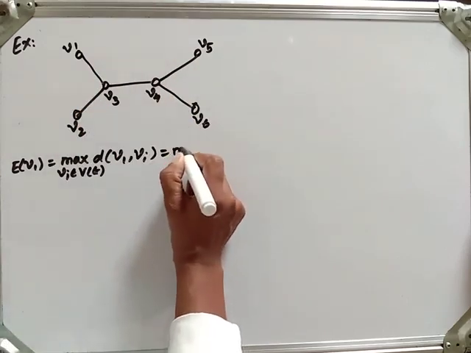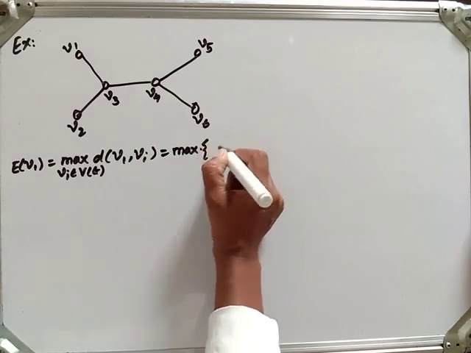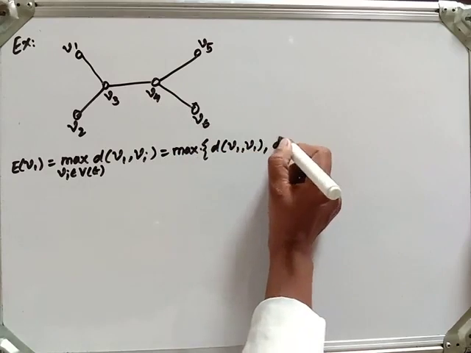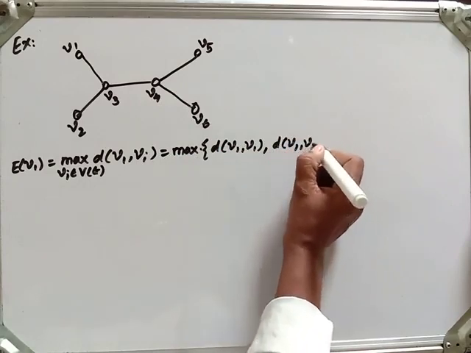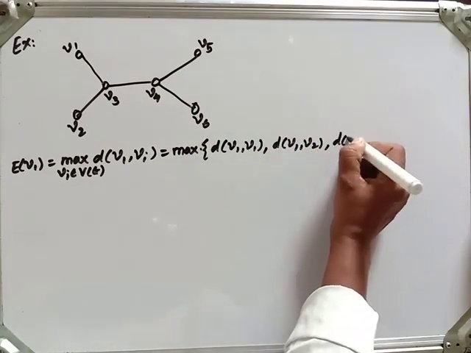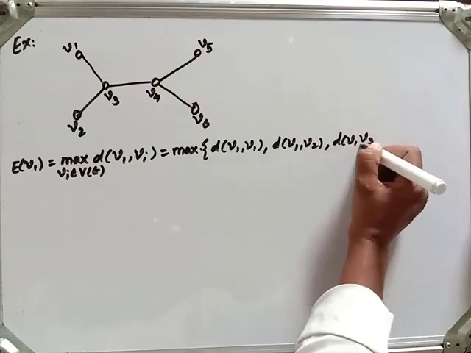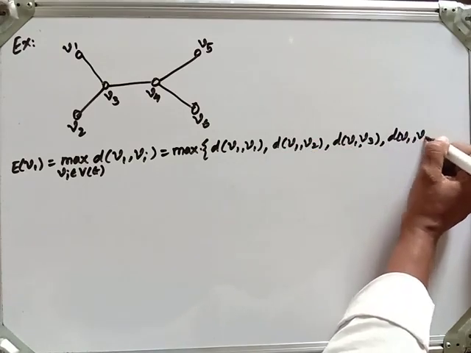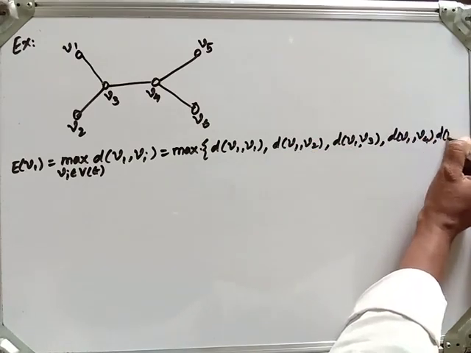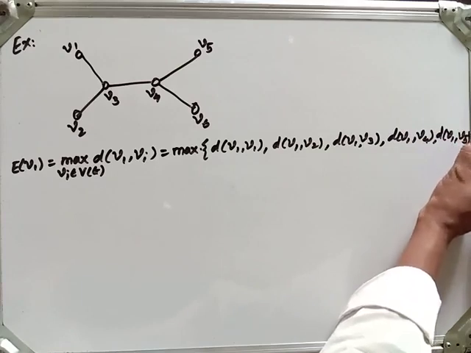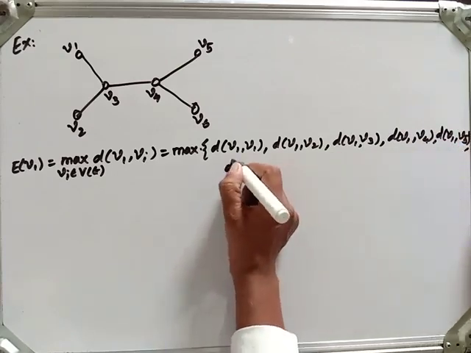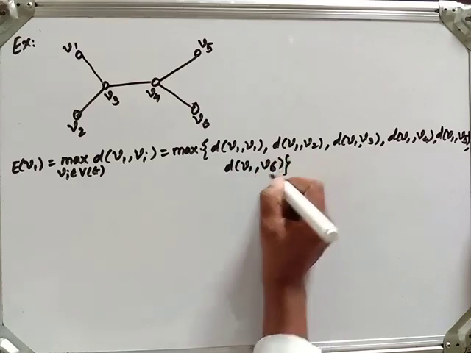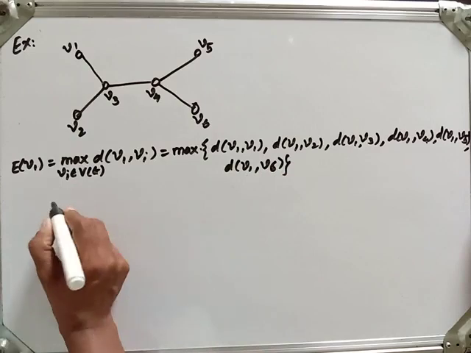So it is the maximum of distance from V1 to V1 itself, V1 to V2, V1 to V3, V1 to V4, V1 to V5, and V1 to V6. The maximum among all these is our eccentricity of V1.